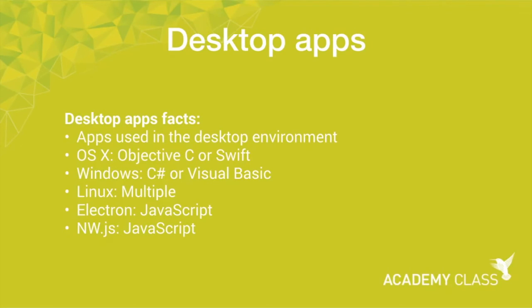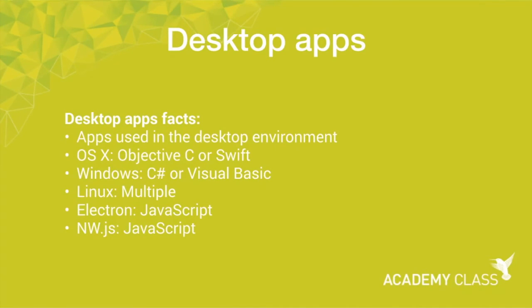The second last thing I'm going to talk about is desktop apps. These are the apps we use as the usual computer programs. They use Objective-C or Swift for OS X, C# or Visual Basic for Windows. They use multiple programming languages.